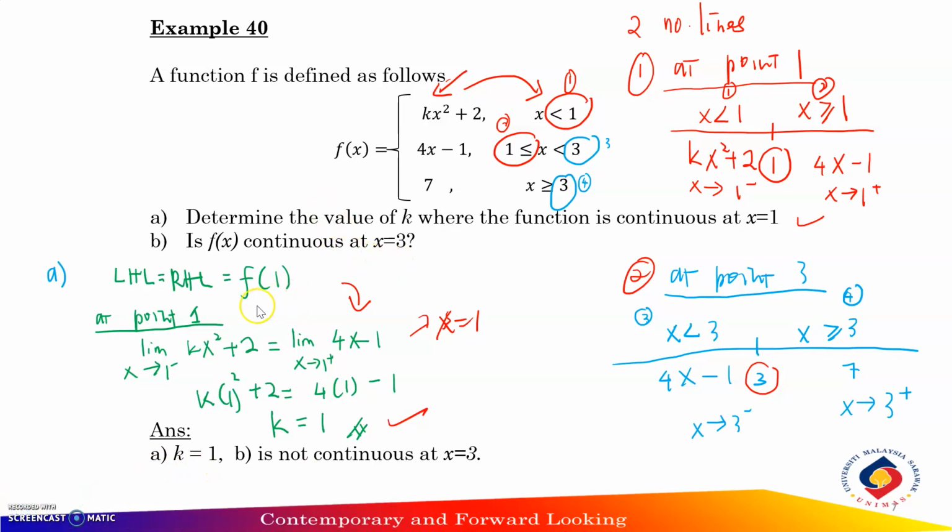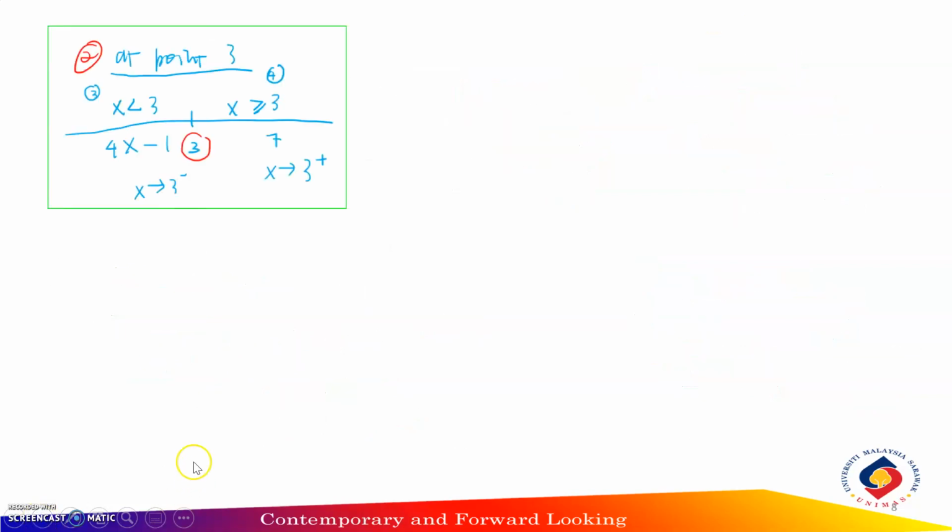Now to solve question B: is f(x) continuous at x equals 3? So now we are going to approach point 3. We use the second number line at point 3. The first condition of continuity is to check whether the limit of f(x) as x approaches 3 exists or not.